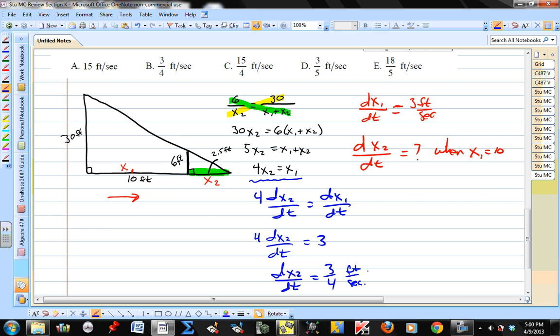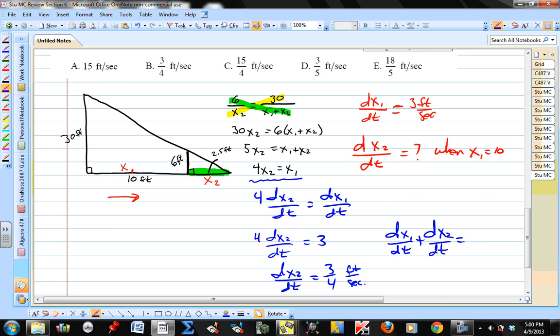Okay, now what we have to take into account is Frank is moving and the shadow is moving. So let's take and add dx sub 1 dt plus dx sub 2 dt to get the rate at which the tip of the shadow is moving.